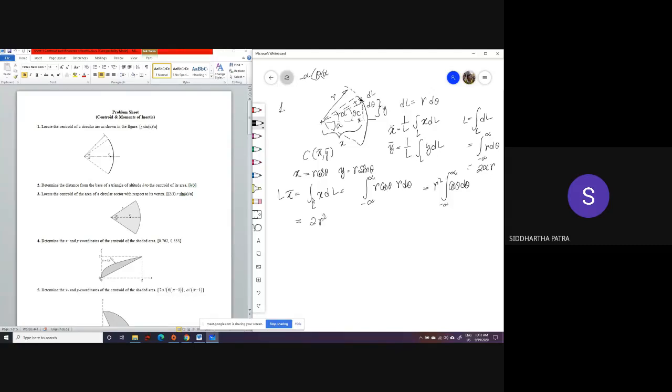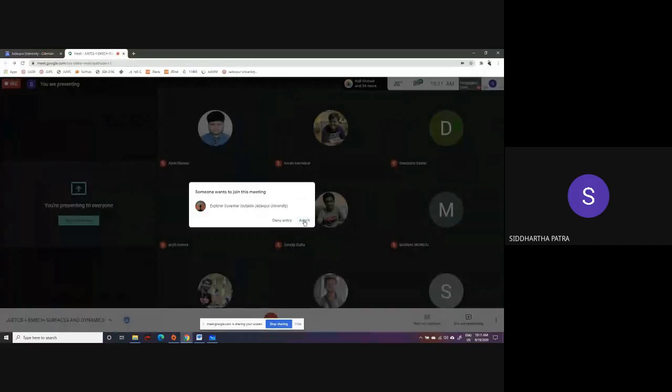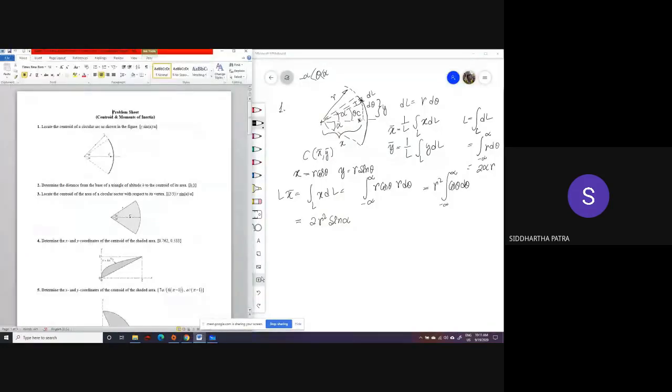It's probably twice r squared sine alpha, right? So it is going to be minus sine alpha, no, this is going to be sine alpha, then twice sine alpha. Similarly, you can find the y coordinate, nothing different from here.